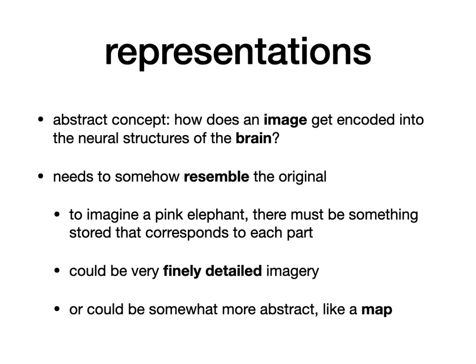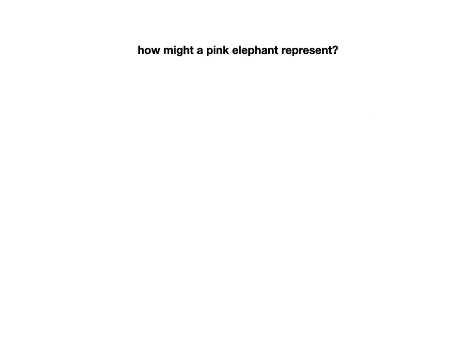I know joints are attached to the hips, to the torso. I don't know if you would call an elephant's chest area a torso, but whatever. So, yeah, how might we actually represent in our minds, in our mental image, a pink elephant?